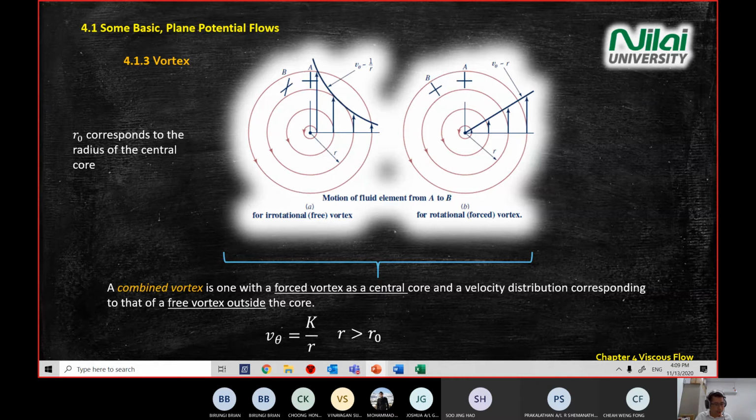And these are the equations that we will use. R0 means the center here.